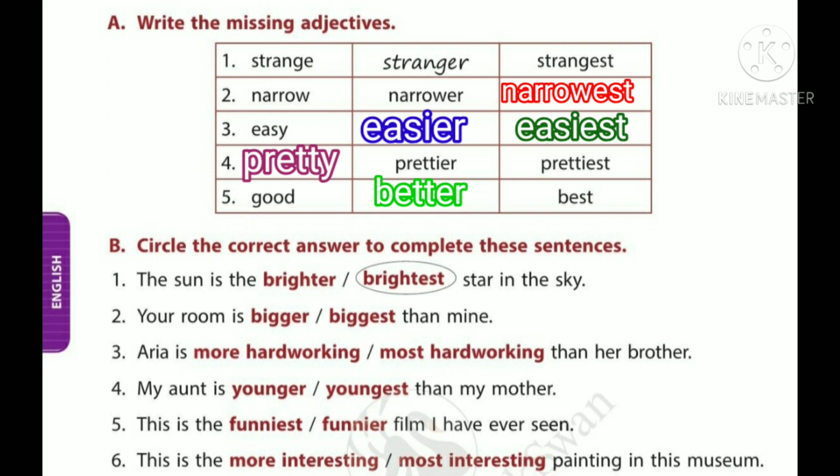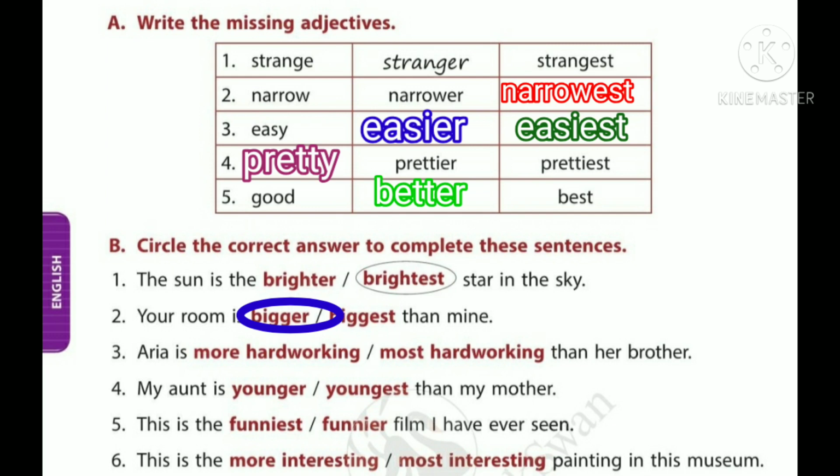The is already given, so it is the superlative degree. The brightest. Second one. Your room is dash than mine. Bigger or biggest? There is a comparison and than is given. So what is the answer? Yes, bigger. So circle the word bigger.